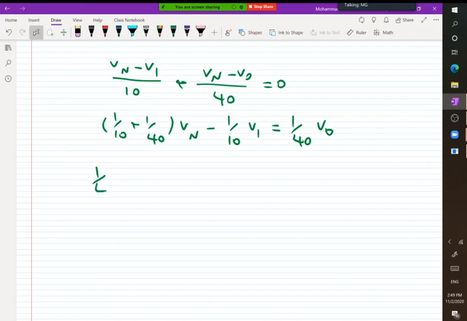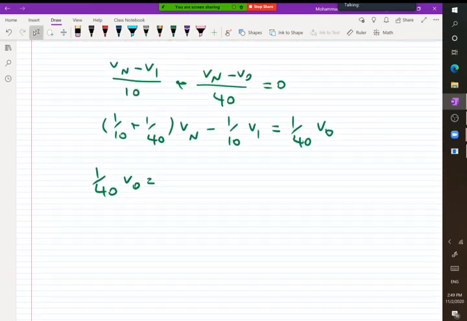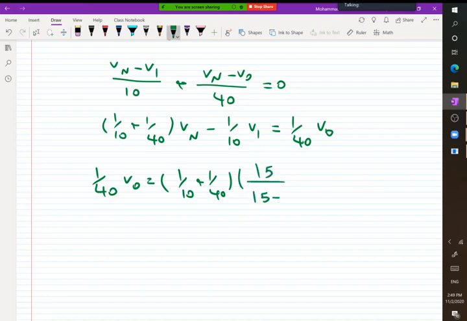Or we can say 1 over 40 VO is equal to, we substitute Vn with this value, so we can say 1/40 VO is equal to (1/10 + 1/40) times 15 over 15 plus 10 times V2 minus 1/10 of V1.